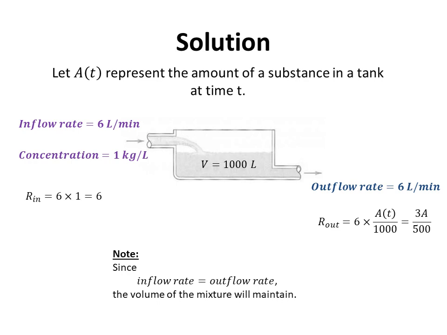Compute the concentration of the substance in the mixture by dividing the amount A of t by the volume of the mixture. Find the output rate of the mixture by multiplying this concentration by the outflow rate. Therefore, the output rate R_out equals 3A over 500.